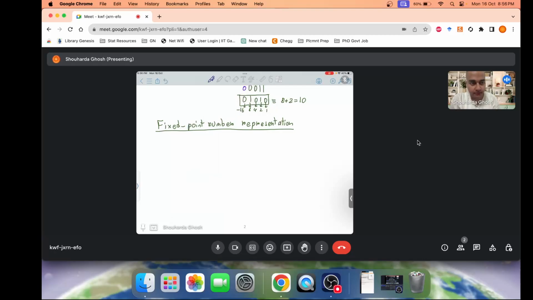In the fixed point number representation, we have something called the Q m comma n, where m bits are allocated for the integer plus sign and n bits are allocated for the fraction.